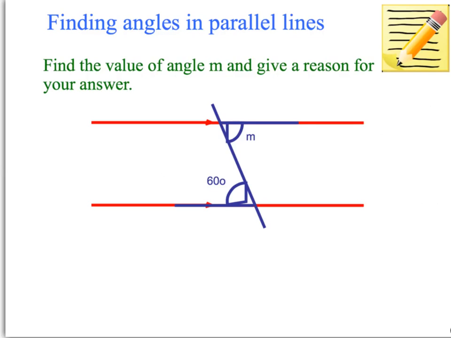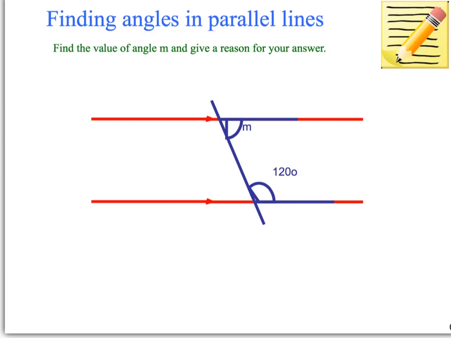Okay, if you said alternate angles, then you would be right. The alternate angles are on opposite sides of the transversal and inside the two parallel lines. So we need to draw the symbol. Because they're alternate angles, M equals 60 degrees. It's as easy as that.